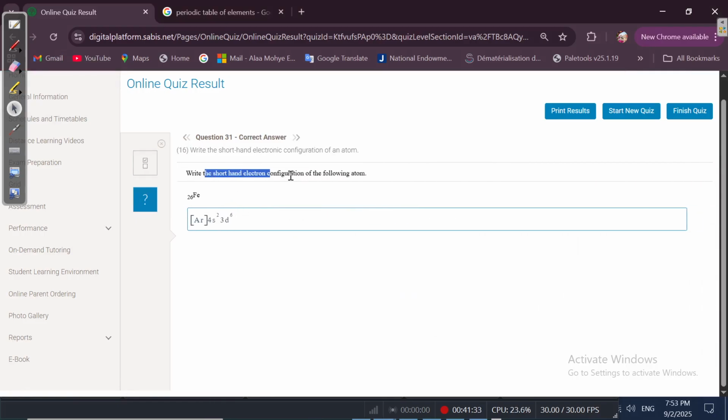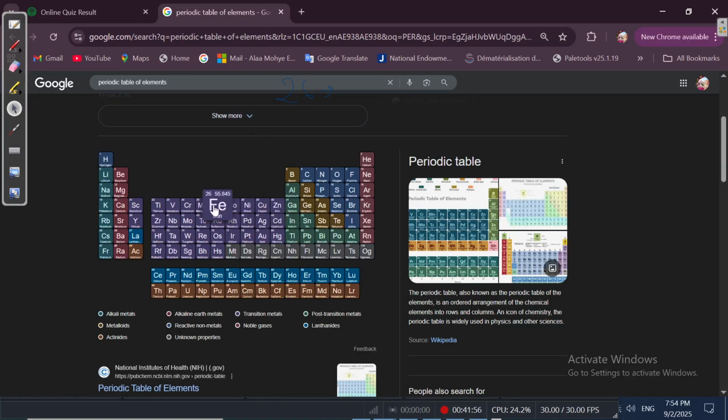Okay, write the shorthand electronic configuration. What does the shorthand electronic configuration mean? You bring the noble gas from the previous period and you add to it how many electrons you need. What do I mean by that? Fe is 26 electrons, right? 26. Let me find Fe on the periodic table here.